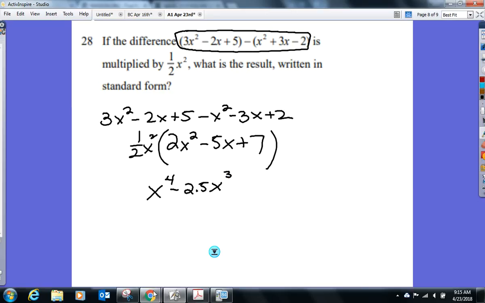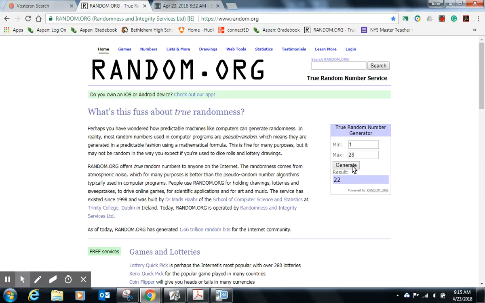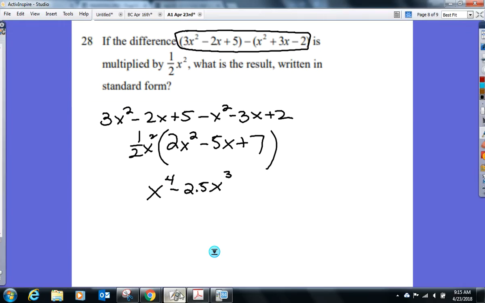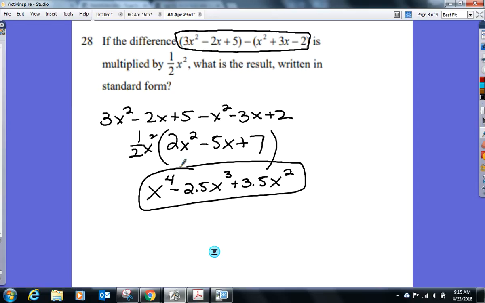And finally, distribute those last two together. 1/2 times 7, plus 3.5 x squared. There's nothing to combine because the 7 didn't have one. So that is where we are. Questions? Hopefully you're starting to realize, oh boy, we need 2 months.